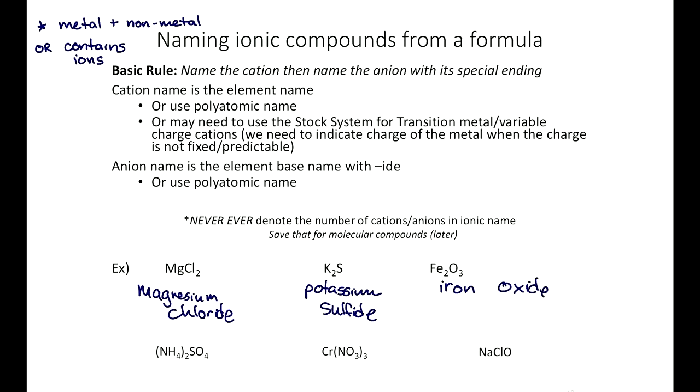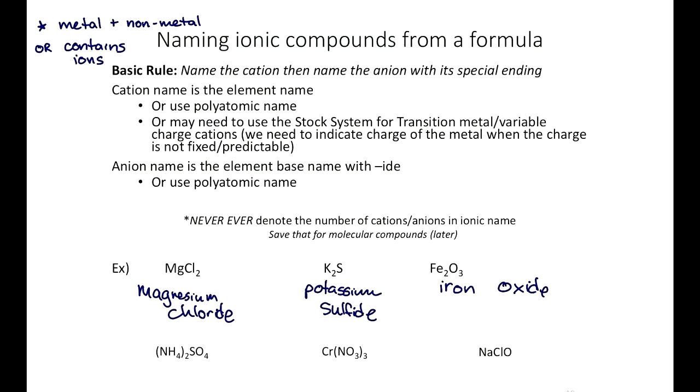Yes, so you were great in that you just named the metal and the nonmetal, but we have a problem here. I said that we never have to denote how many of each there are because we can always predict the charge. That's true for magnesium and chlorine because they're main group elements. That's true for potassium and sulfur because they're main group elements. Is iron a main group element? Nope, it's a transition metal, so we need to use Roman numerals, to be absolutely correct. The Roman numeral indicates the charge of the iron ion.